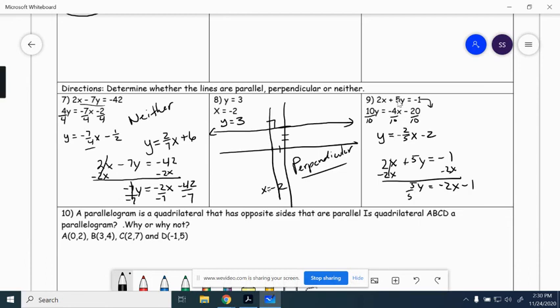And last step, divide by 5, divide by 5, divide by 5. And now I'm left with y is equal to -2/5 x minus 1/5. And we notice our m values are the same. They're the same, then the lines are parallel.